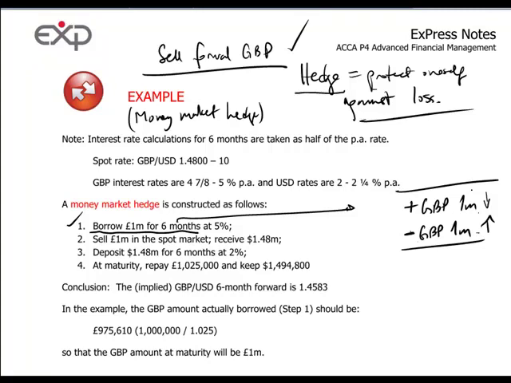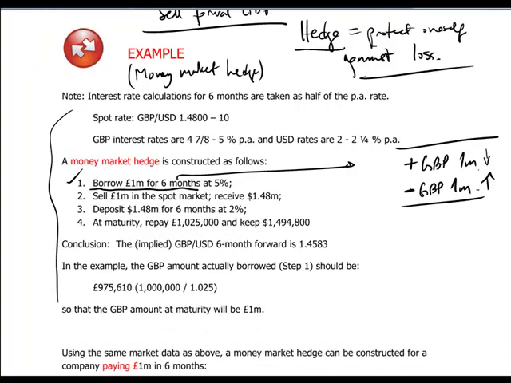And that's in a nutshell the nature of the hedge mechanism which is at work here. The rest is just simply to fill in the numbers and to understand how the numbers work.